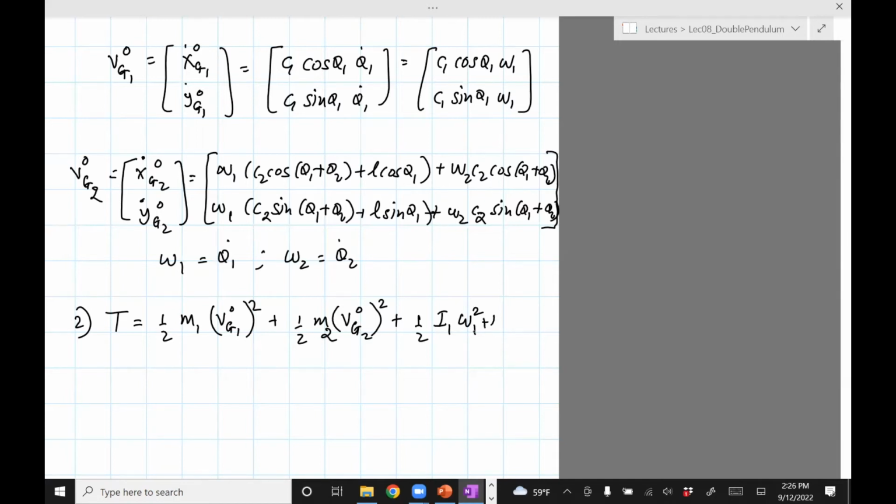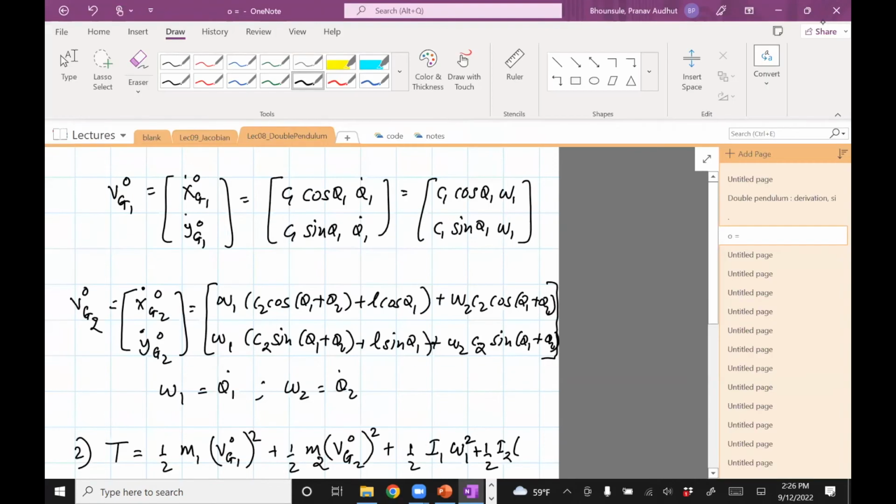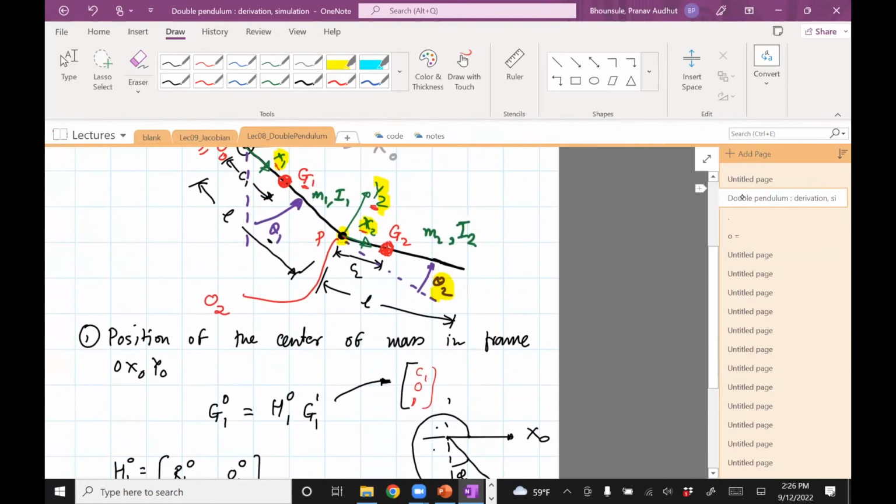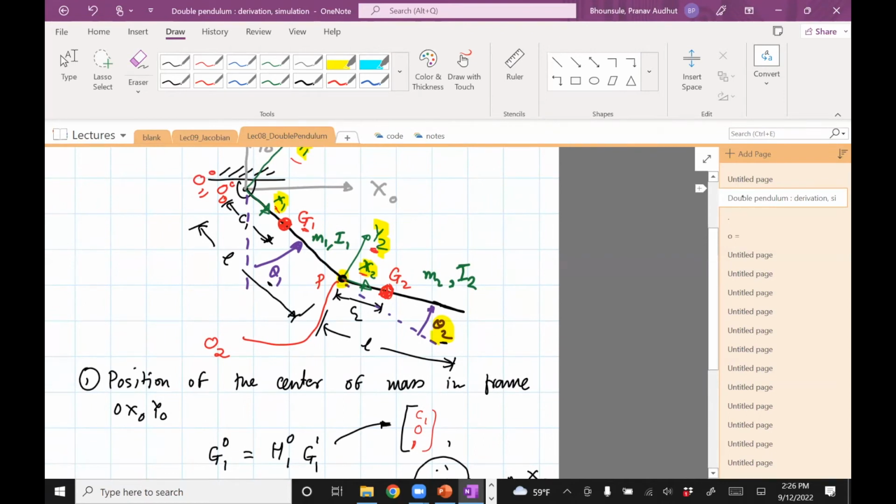And then for link 2, the angular velocity is omega 2, but that is the angular speed of link 2 with respect to link 1. Let's go back. We have theta 2, but that is the speed at which link 2 moves relative to link 1. If you want the absolute speed of link 2, it would be theta 1 plus theta 2.